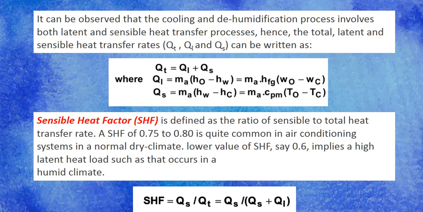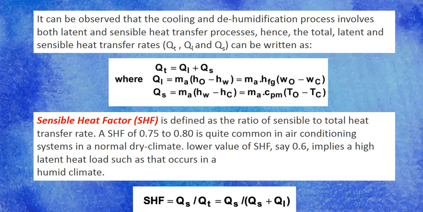Now, if you will determine the latent heat, then that would of course be the amount of heat necessary to change the phase of water vapor from gas to liquid. So that could be accomplished by multiplying the mass flow rate of air times the initial enthalpy content minus the enthalpy of the saturated liquid at the final temperature indicated, the dry bulb temperature that is. Another alternative formula that could be used is the latent heat of vaporization, lambda.